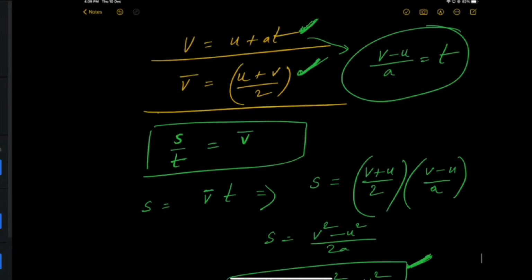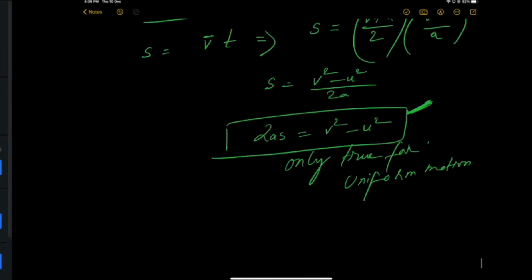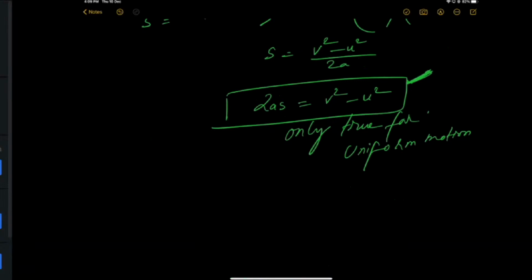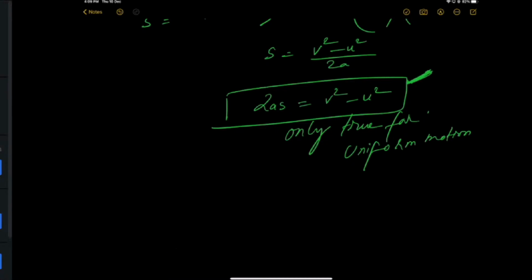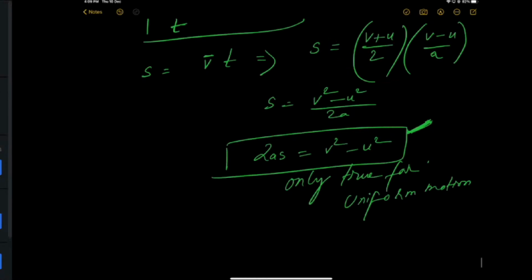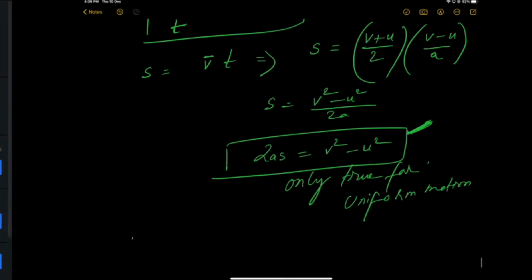Clear? Okay. Next, I'll derive the other formula, s equals ut plus half at square. I'll take a different color. So again I'll come back. So what is displacement equal to? Average velocity into time. Correct? Now what is average velocity? v plus u by 2 or u plus v by 2 into time equals s.